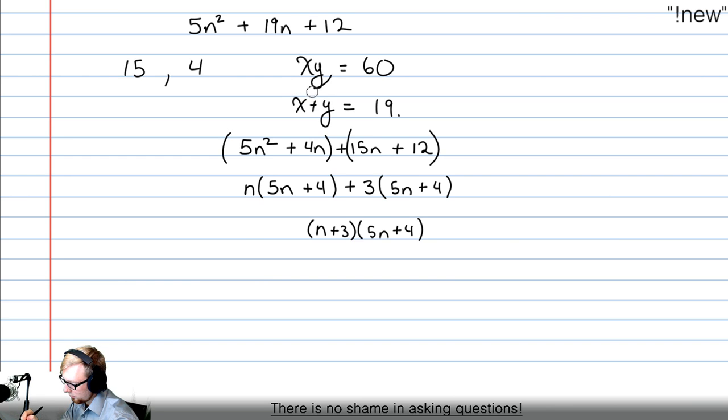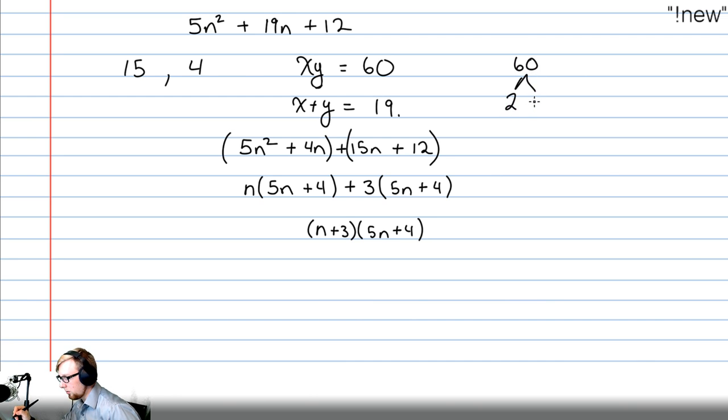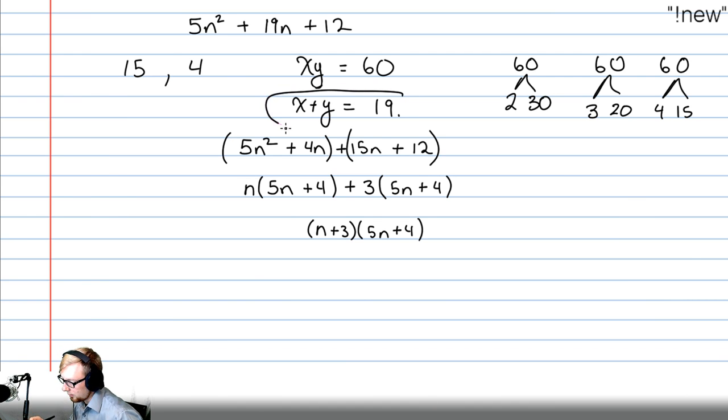Just knowing the numbers, knowing the factors. The only thing is you could start by just factoring out everything from the beginning and then looking at each set of factors. So you start with 60 and you'd be like 2 and 30, and then you would go 60 and 3 and 20, and then 60 and 4 and 15, and you would keep going through until you found the 2 that you can add together to get your 19, right?